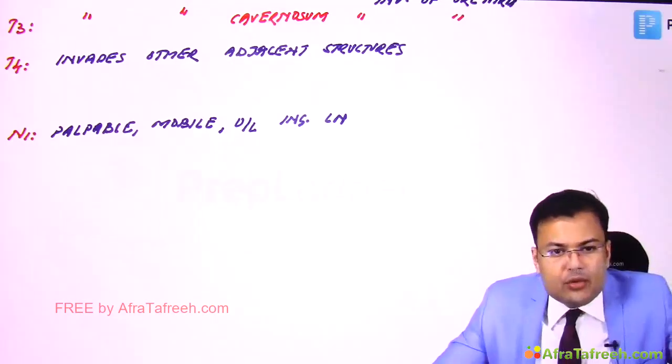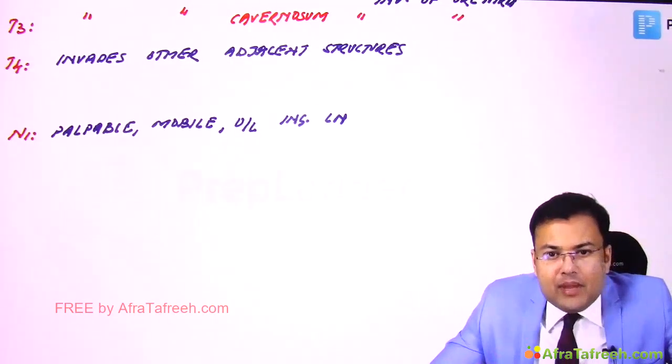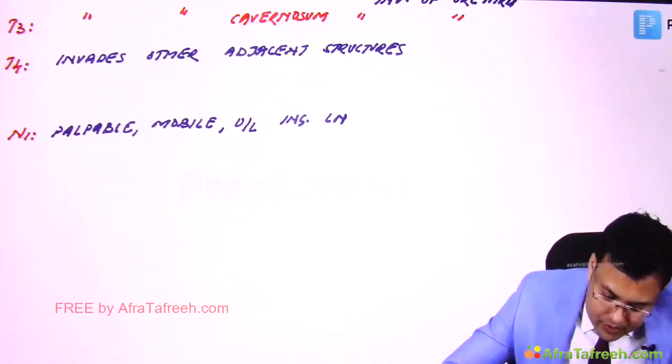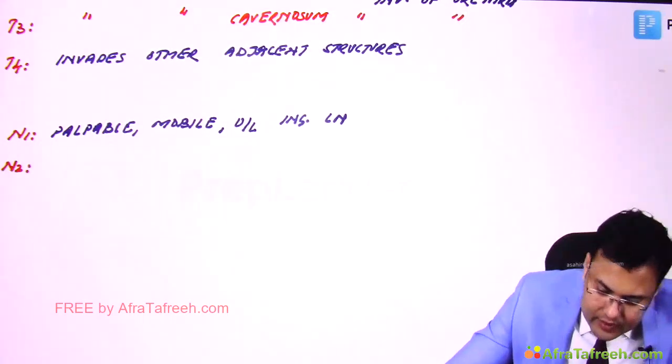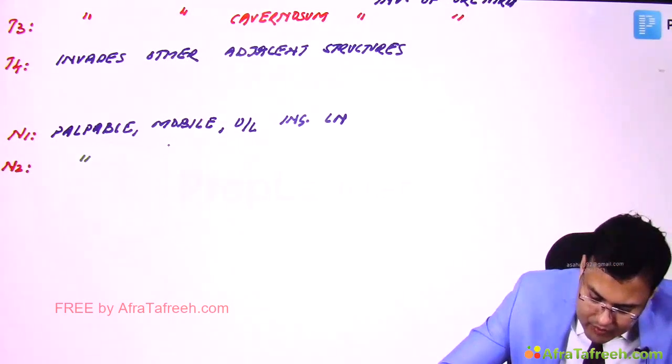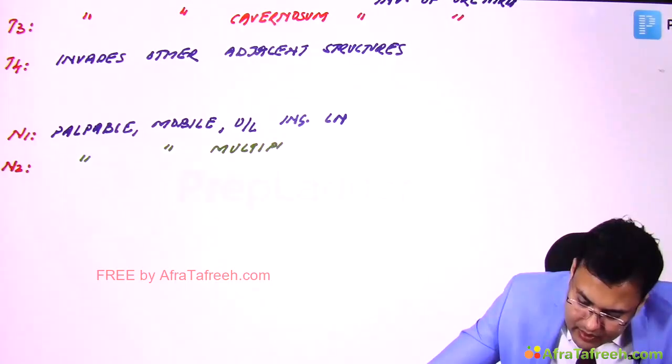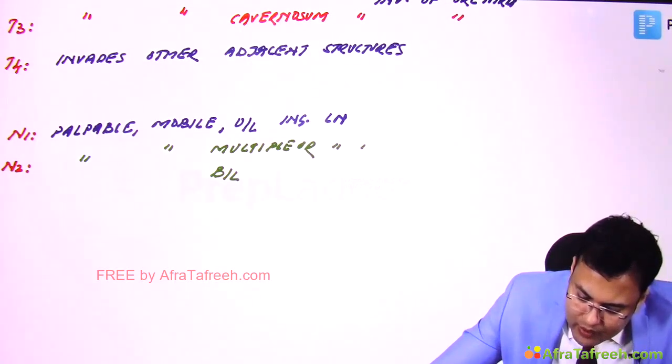What happens in N2? There is involvement of palpable, mobile, multiple or bilateral inguinal lymph node. Clear? So in N2 there is involvement of palpable, mobile, multiple or bilateral inguinal lymph node.